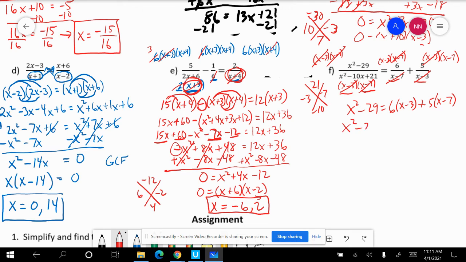X squared minus 29 equals 6x minus 18 plus 5x minus 35. I'm going to simplify. X squared minus 29 equals 11x, negative 18, negative 35, which gives me negative 53.